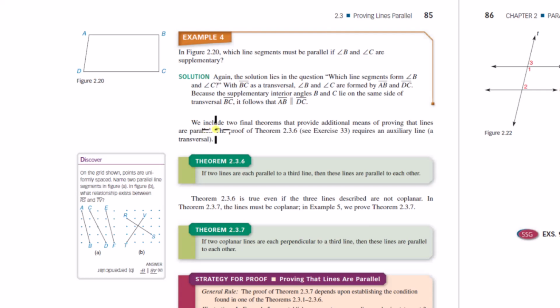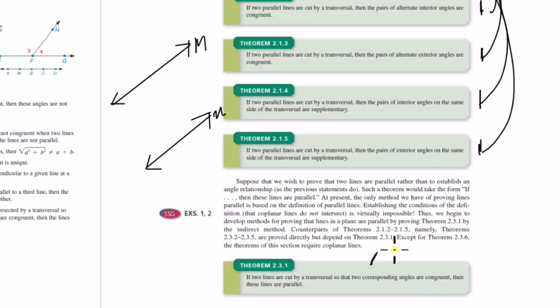Okay, now we include two final theorems that provide additional means of proving that lines are parallel. The proof of theorem 2.3.6 requires an auxiliary line, a transversal. So if we come back to the beginning of this section, they mentioned that, except for theorem 2.3.6, which we're about to look at, the theorems of this section require coplanar lines.